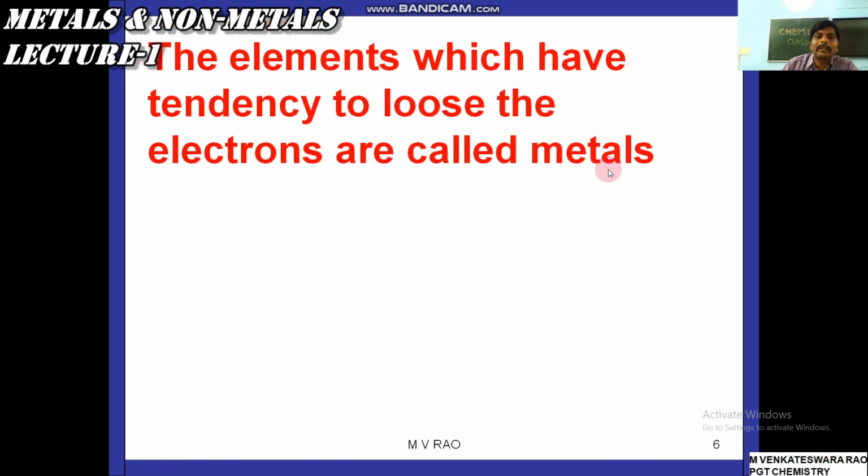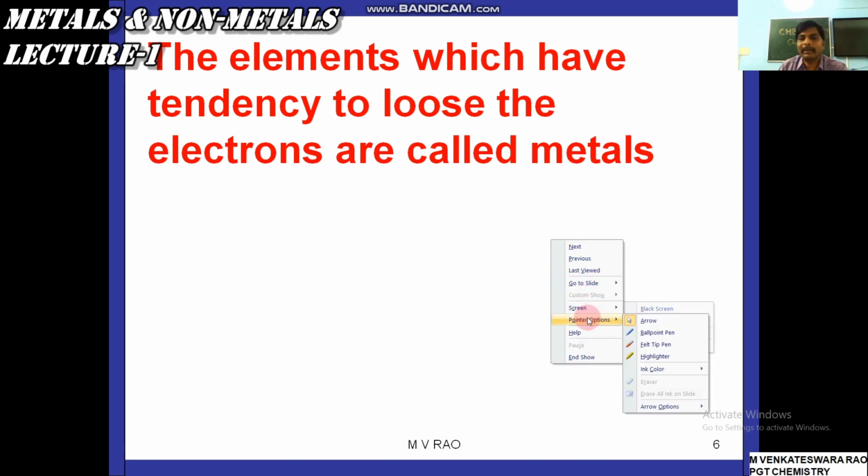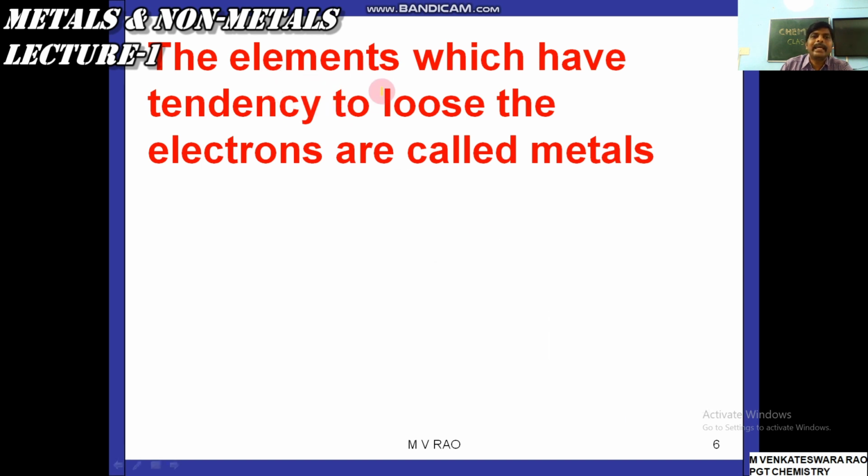So first of all, you will see metal. What is meant by metal? The elements which have tendency to lose the electrons are called metals.